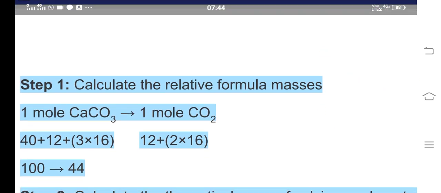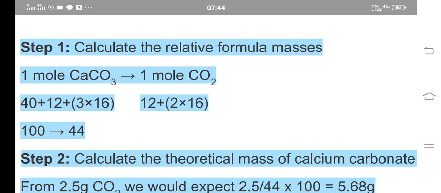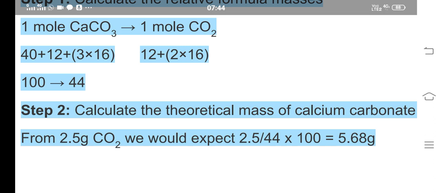Now step 1, calculate the relative formula masses. 1 mole calcium carbonate equal to 1 mole CO2. So that will be 40 plus 12 plus 3 into 16, which is 100, and 12 plus 2 into 16, which is 44.